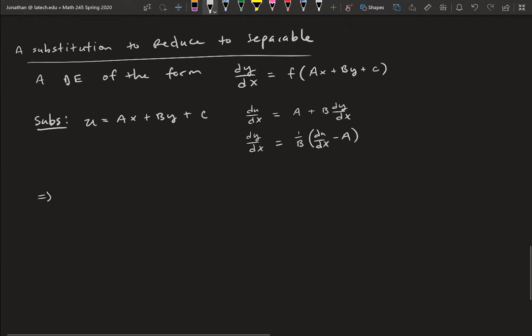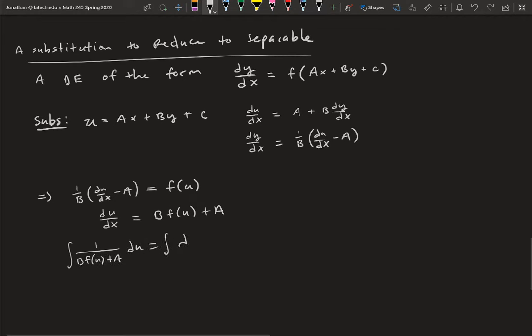That will turn the differential equation into 1 over b times (du/dx minus a) equals f of u. A is a constant, so we could get du/dx equals b times f of u plus a. And now it's separated. I can say the integral of 1 over (b f of u plus a) du equals the integral of dx.